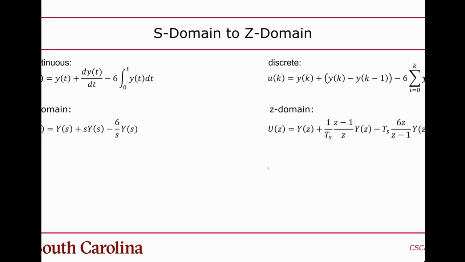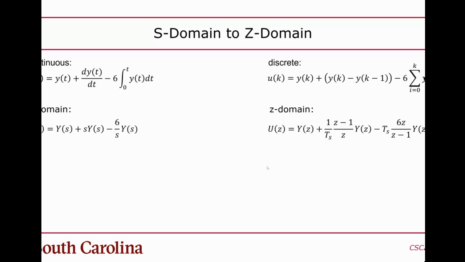Now, when we convert this to z-domain, it's also a little wonky, because the derivative is converted not just to z as you would with the S domain. It becomes z minus 1 over z. And then you multiply that against y of z. And then you also have to multiply that by 1 over Ts, which is the sample time.